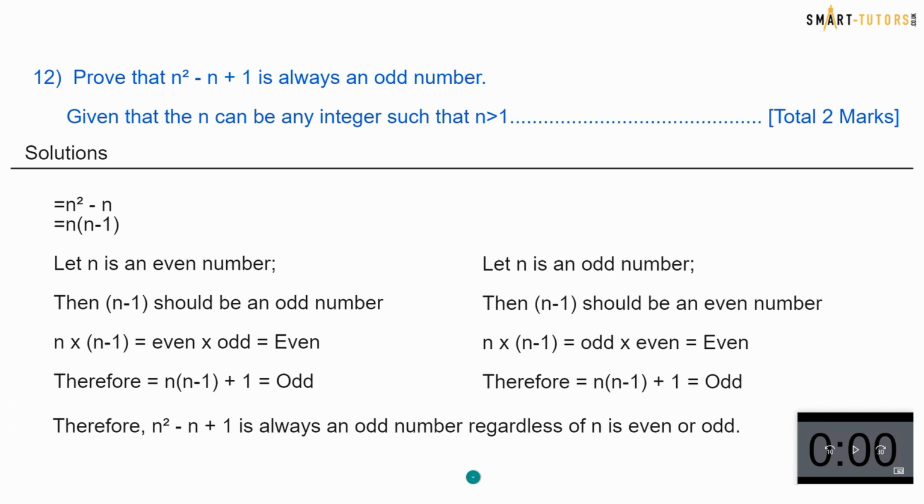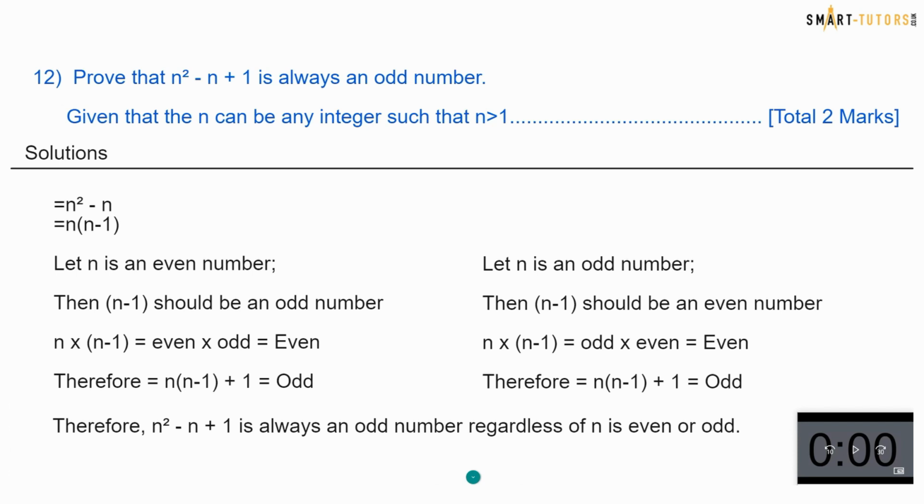So I'm going to analyze this in two cases. Let n be an even number. If n is an even number, then n minus 1 should be an odd number. If one number is even, the number before is definitely odd. So n times n minus 1 is an even number times an odd number.